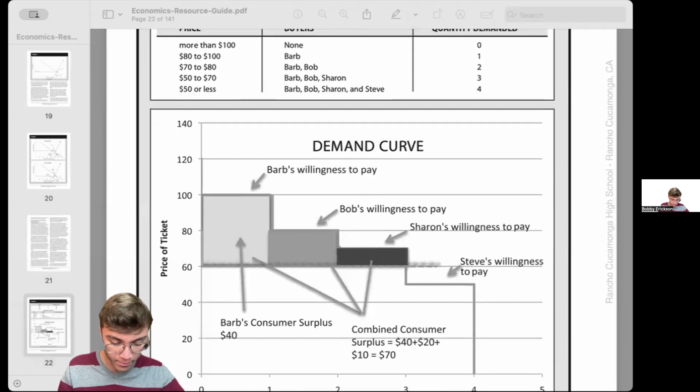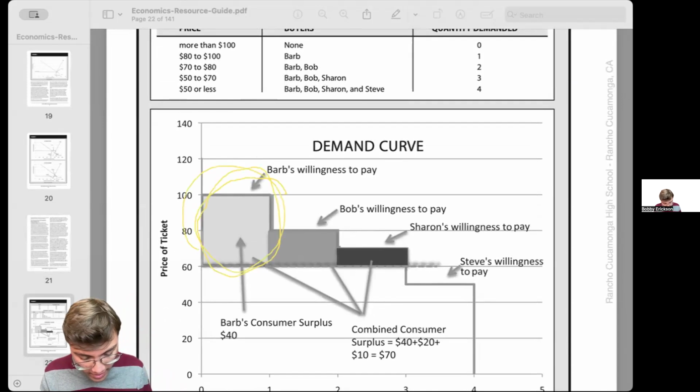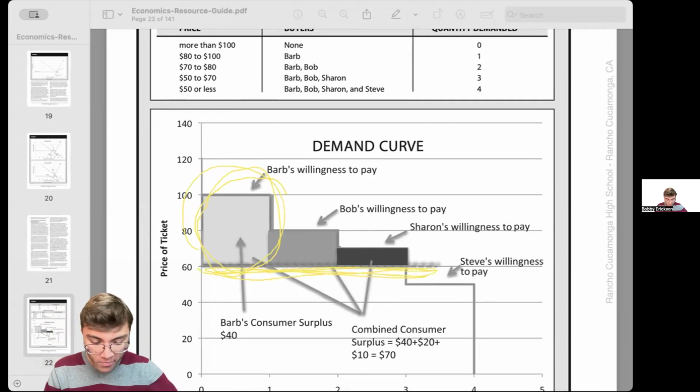So we can see here Barb is very willing to pay for this concert. She's right here. And let's say the price is $60. Well, that means that Barb here is able to pay $40 less than she would have been able to because it's $40 less to get to 60.